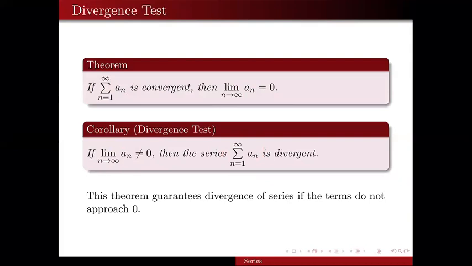But warning, this is a very big warning. Listen very carefully. We have this theorem: if the limit of the terms is not going to 0, then the series is divergent. What happens if the limit is equal to 0?